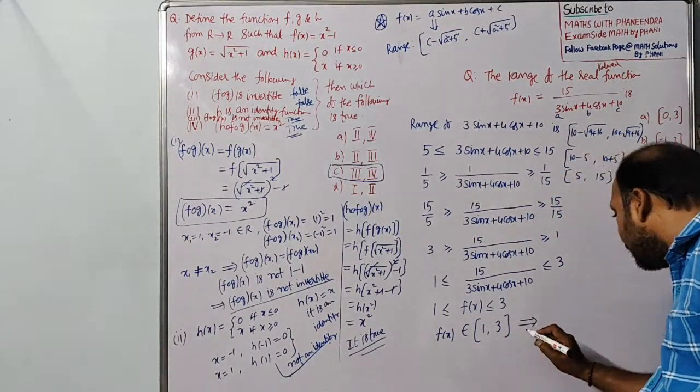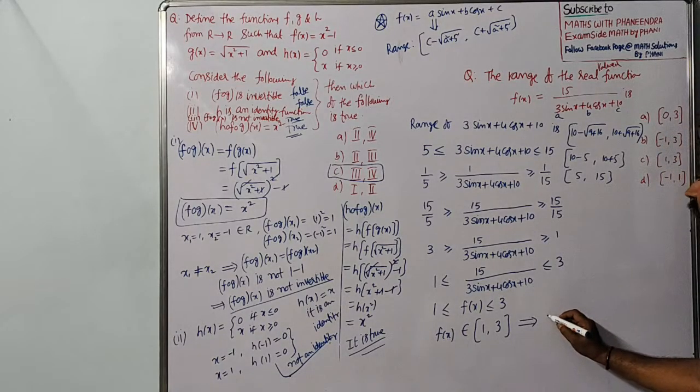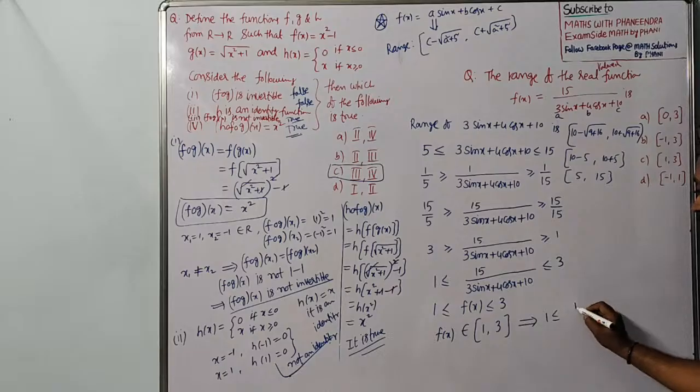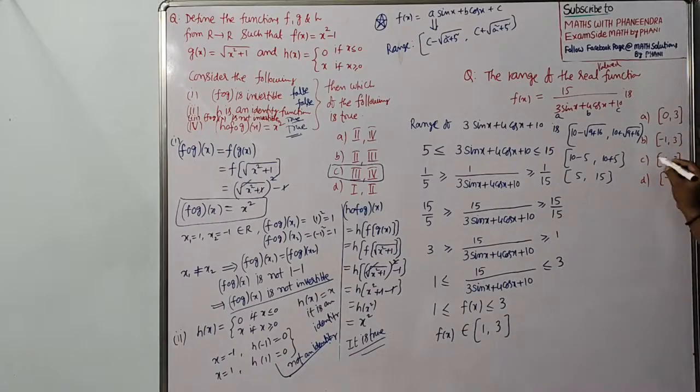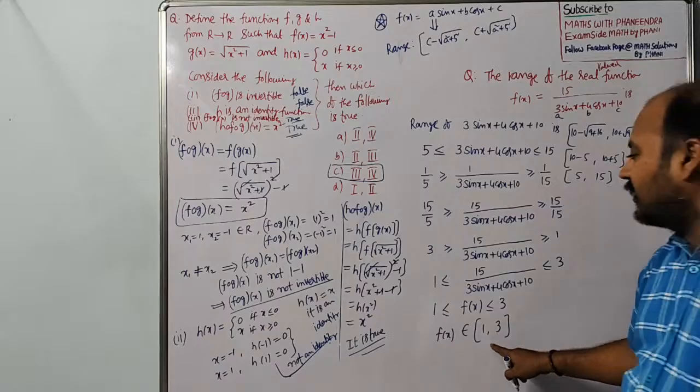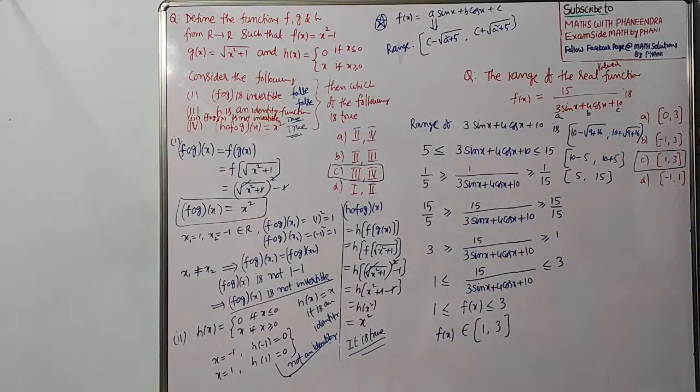That implies that 1 is less than or equal to 15 by, no need of writing, already it is there. Why unnecessarily? We got it in the answer now. So closed interval of 1 comma 3 is the range of the required function.